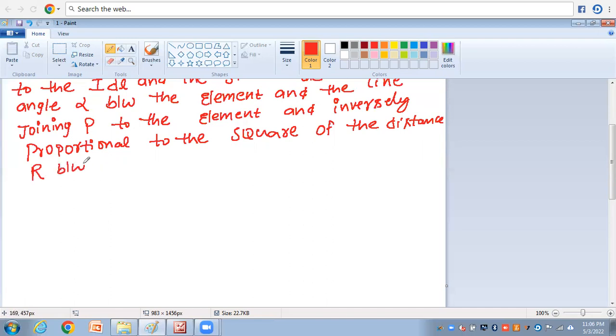While writing the definition, every keyword is very important. That's it. This is the definition of Biot-Savart's law.